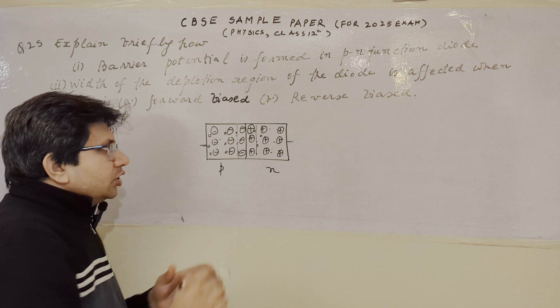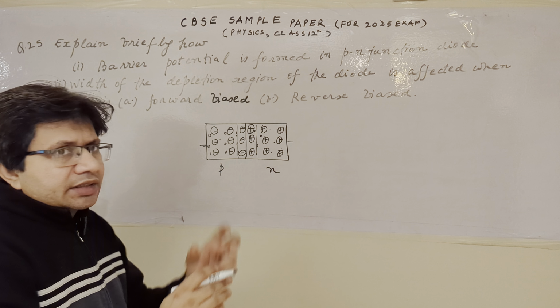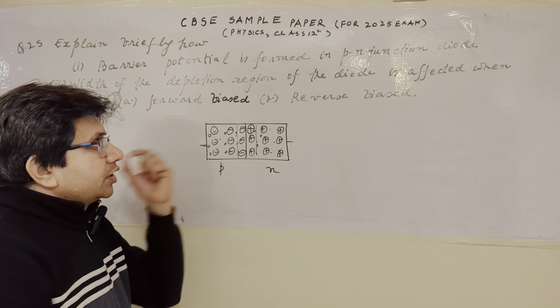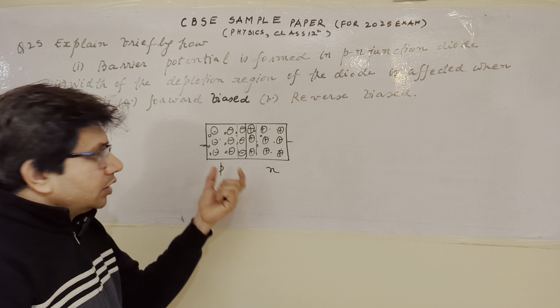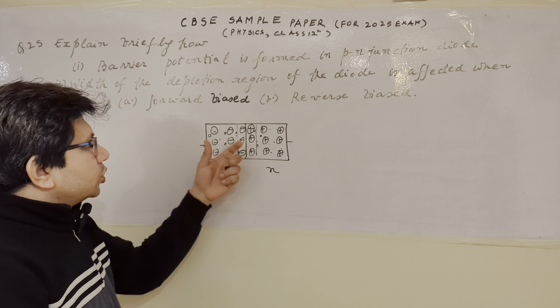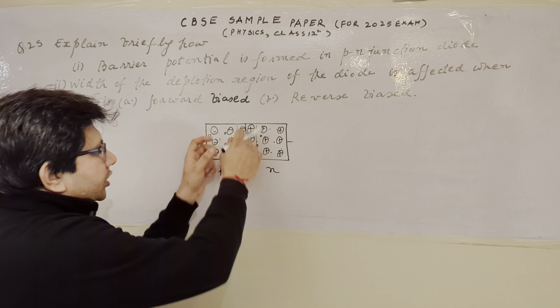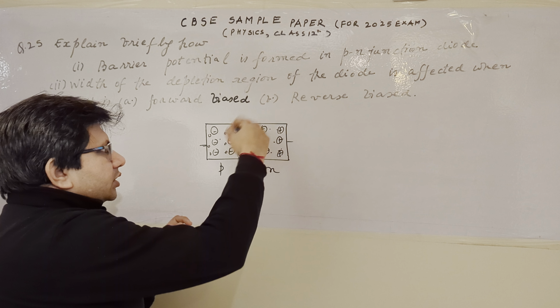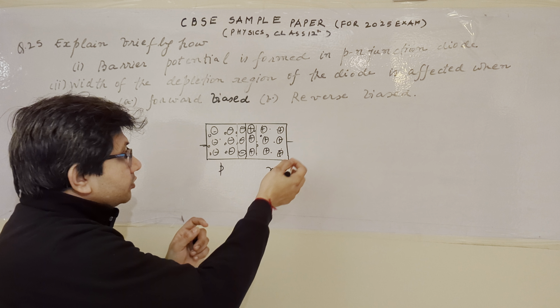Mainly there are ions. So these particular ions create the depletion layer. So this is the particular depletion layer here, which is also called the barrier region. This barrier region creates a certain potential because on the left hand side there are certain charge carriers, and on the right hand side there are certain charge carriers.